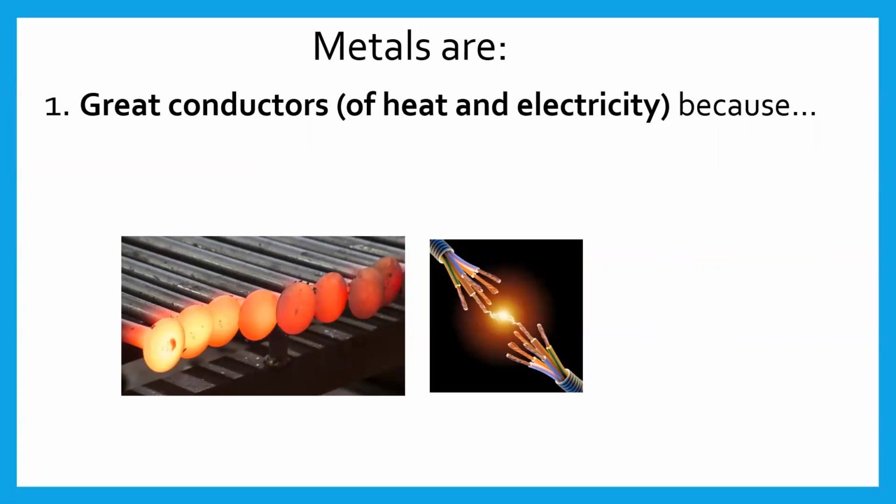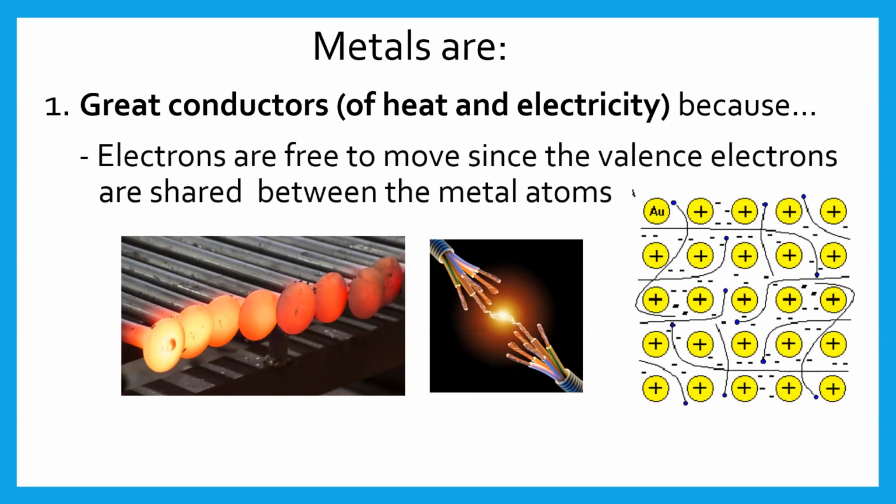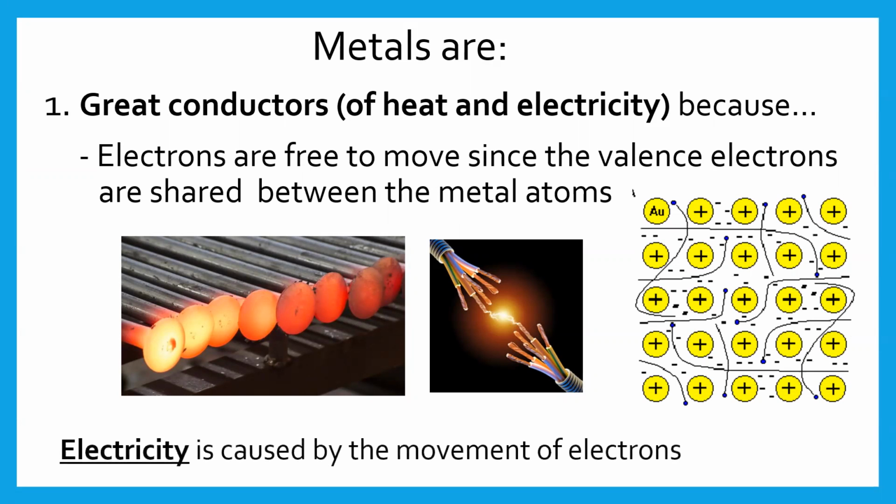Metals are great conductors of both heat and electricity because the electrons around the metal ions are free to move, because the valence electrons are shared between the metal atoms. And what is electricity? It is the movement of electrons. So because metals allow this free movement of electrons, that causes electricity.